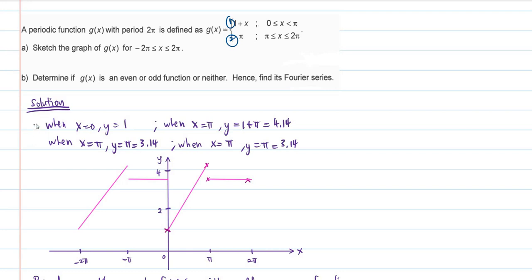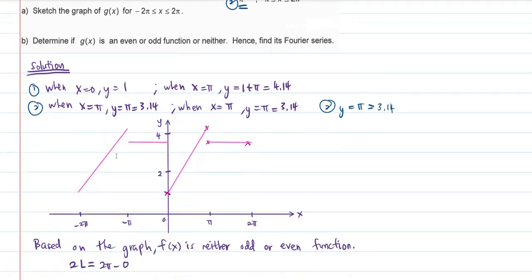For the first one, when x equals 0, y equals 1, and when x equals π, y equals 4.14. For the second, you don't have to do this, because it is a constant. It is automatically a straight line y equals π, which is 3.14. Take just 2 decimal places to plot the graph, because it will be easier.